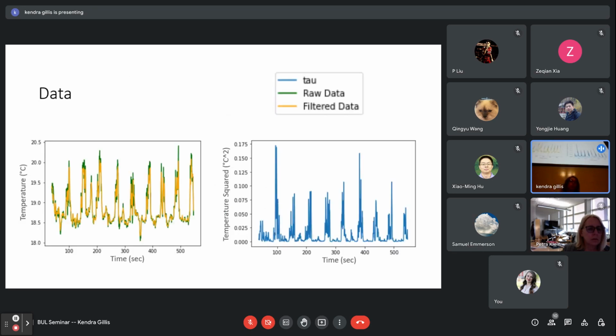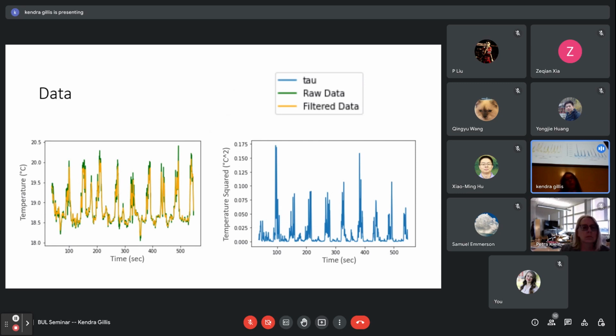Even though we haven't quite finished all of the modeling that we hope to do, we have built one of the taus that I showed you earlier, the first tau. This is just a brief look at what it looks like. On the left is the raw data, and overlaid on top of it is the filtered data.